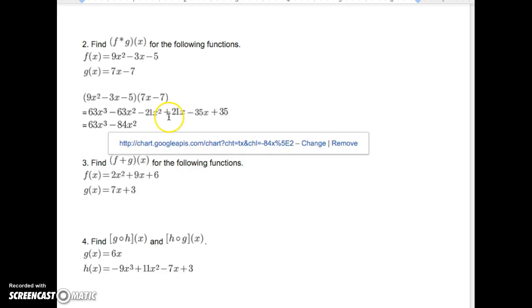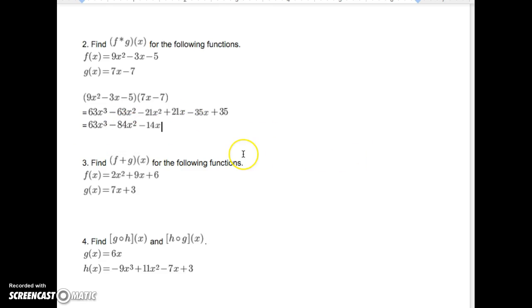Then I have +21x and -35x, and when I combine those, that's going to give me -14x. And then I have a +35 on the end. So this last step is our answer for question 2.